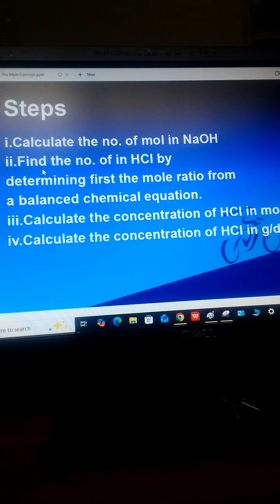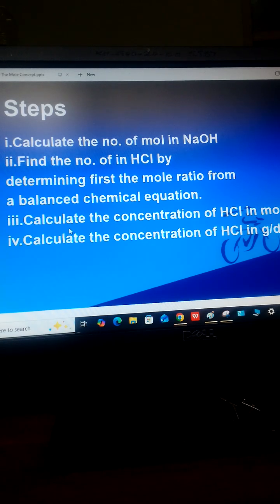Number 2, find the number of moles in hydrochloric acid by determining first the mole ratio from a balanced chemical equation. So step number 2, you write a balanced chemical equation between the two reagents, and then from that you can get the mole ratio.